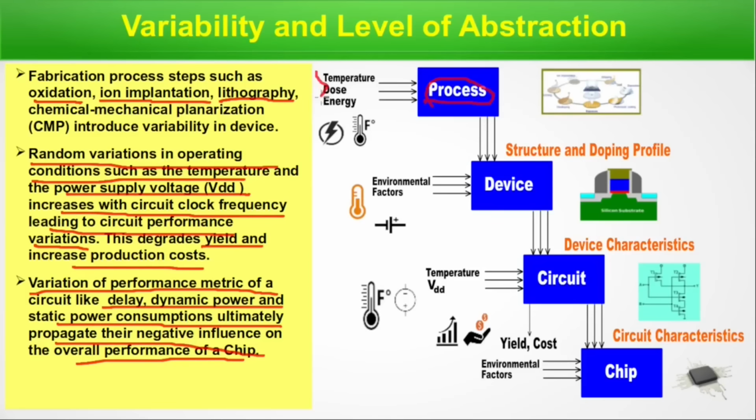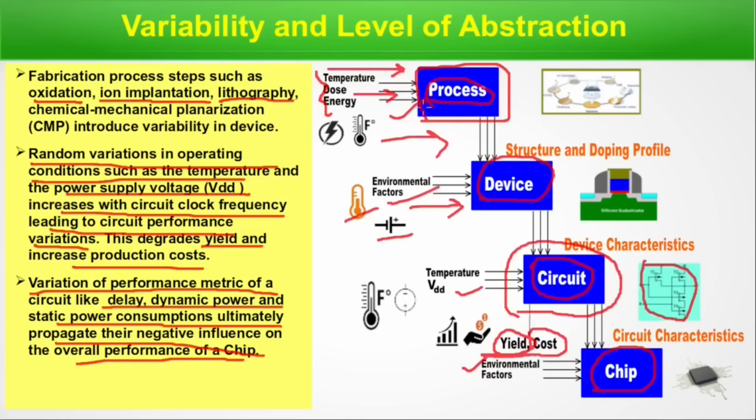So, this temperature, dose and energy make the process step in one run different from the second run. Process variation parameters contribute mostly in the case of device structure and doping profile. That means the basic parameters or basic behavior of the device is slightly different from the other, along with the environmental factors that basically decide the device characteristic.